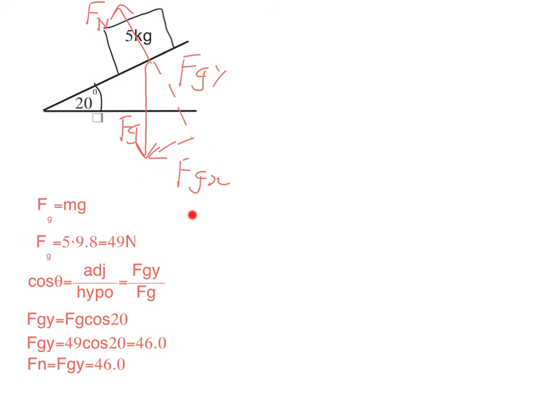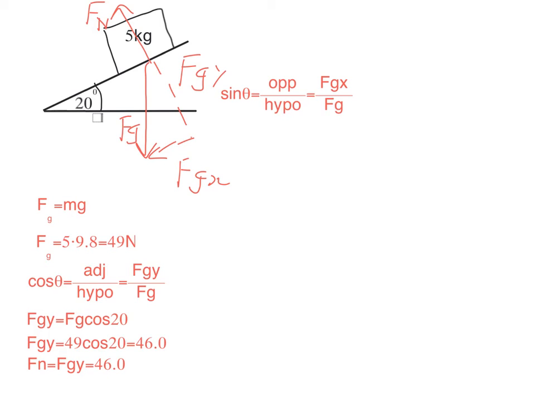Now if I want to figure out FGX, it happens to be the opposite side of this angle, so I'm going to use sine. So I really am doing this again. So let me add another one here. We've got the definition of cos of the angle is equal to opposite. Sorry, we don't want cos. My mistake. Hold on. We want sine.